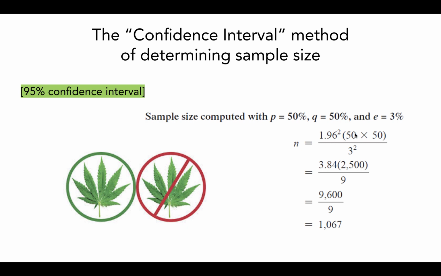The other ingredient we need is variability, P times Q. For the sake of the example, we expect the worst possible variability, the highest possible variability, which is 50-50.